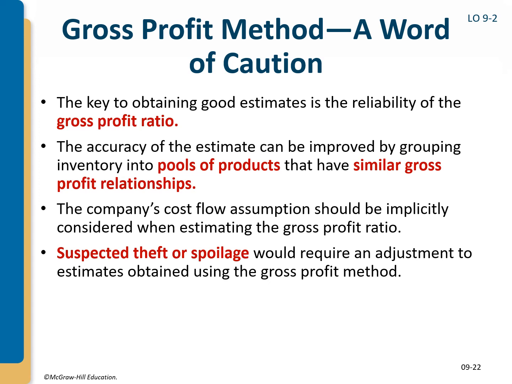The company's cost flow assumption should be implicitly considered also when estimating the gross profit ratio. Any suspected theft or spoilage would require an adjustment to the estimates. So there's a lot involved that could make this number bad. We just want to be careful how we're using it.